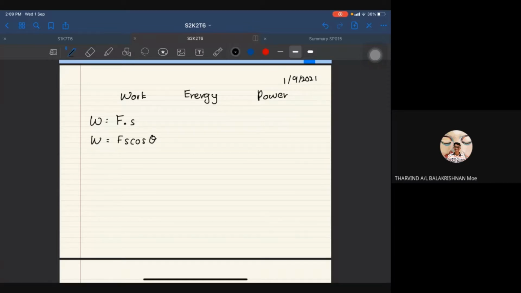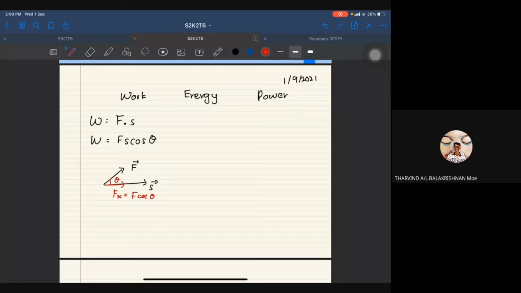In terms of drawing vectors, let's say my F is in that direction and my S is in this direction. The dot product is the x component, Fx, which equals F cos theta, if this is your theta.